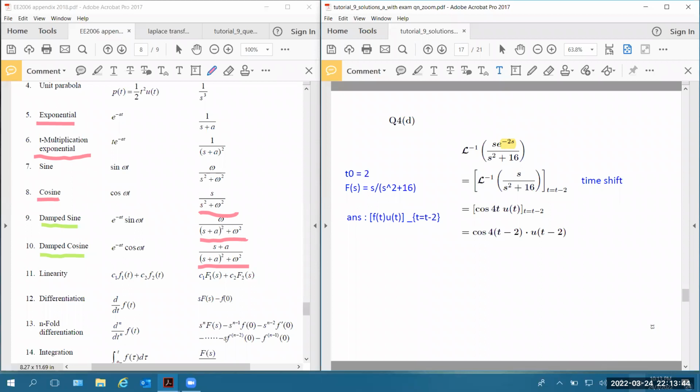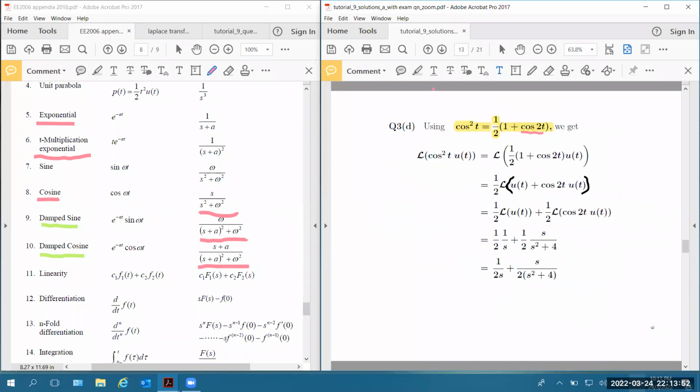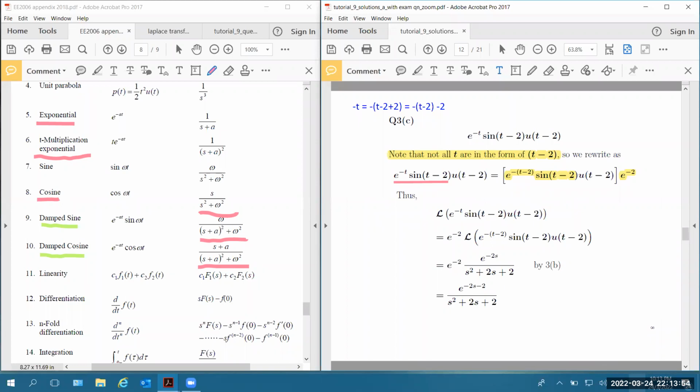Professor, can you shift back to question 3, part C, please? I have some questions regarding the question. What's the process on the second line?